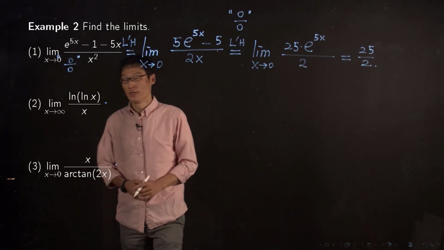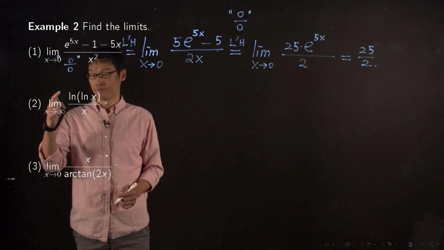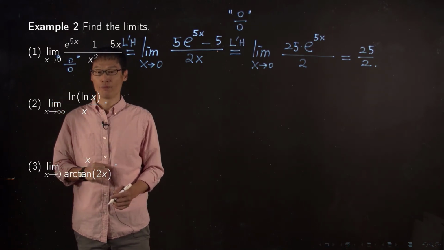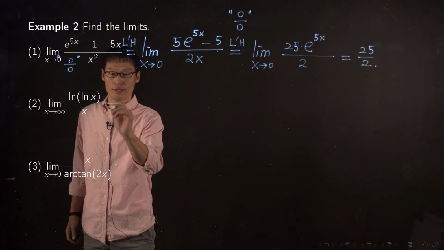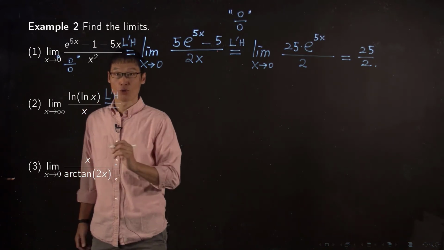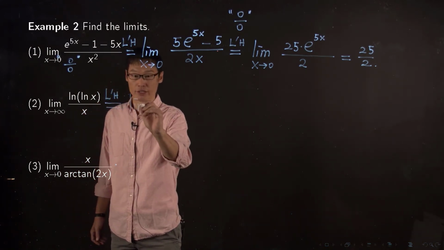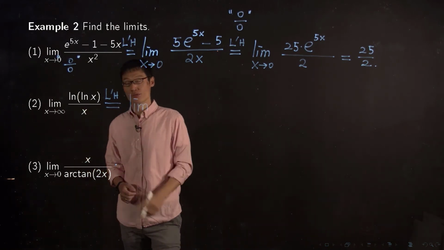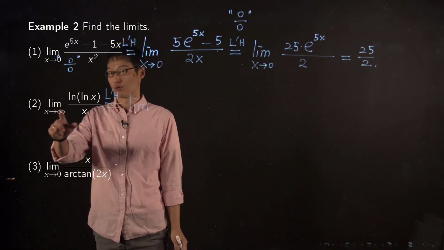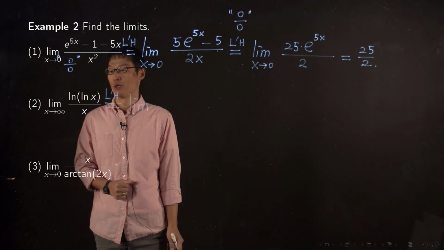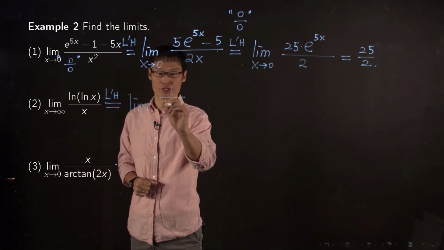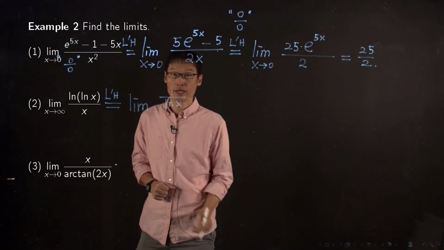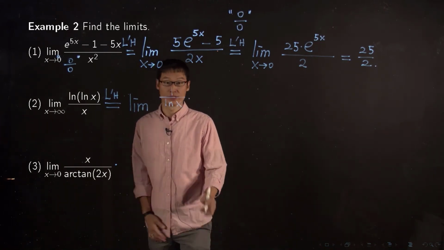Number 2. Again, we have infinity over infinity form. So we are in a good position to apply L'Hopital's rule. Applying L'Hopital's rule, we take the derivative of both functions. This is a composition, so you need to apply the chain rule as well. The derivative of this is 1 over the inside function, and then the derivative of the inside function.